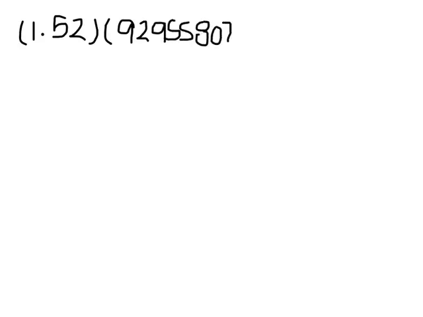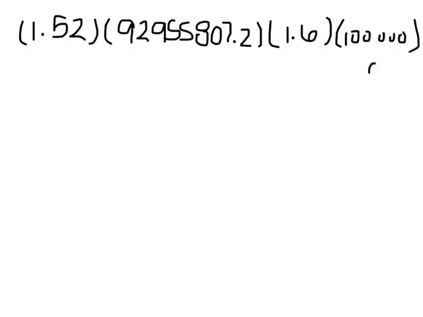Okay, so we know that we have 1.52 times 92,955,807.2 times 1.6 times 100,000 centimeters. So if we do all that nice and groovy math, we get 2.26 times 10 to the 13th.